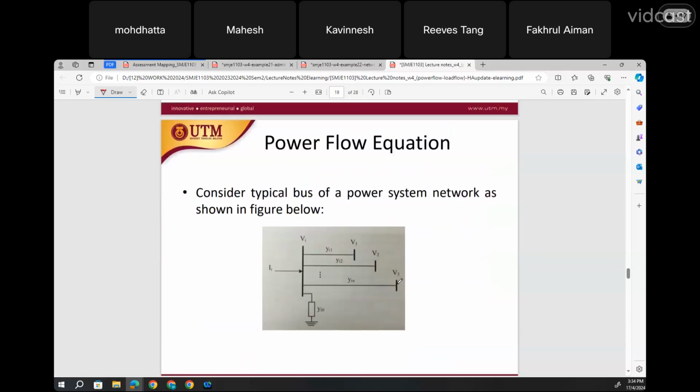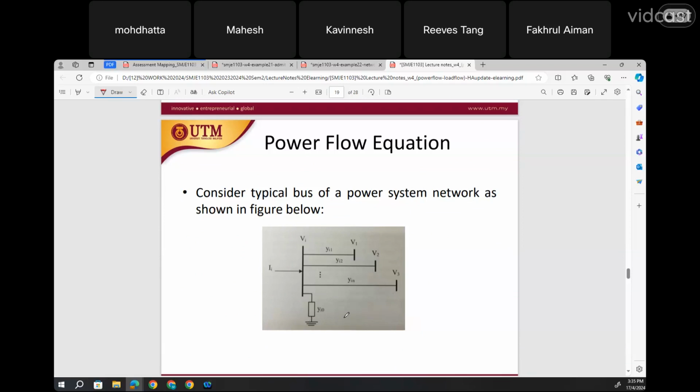Okay, here, we have a typical simplification for power system networks. Let's say we consider this one of the buses, and since there is no generator connected to it, we can consider this one as a load bus.